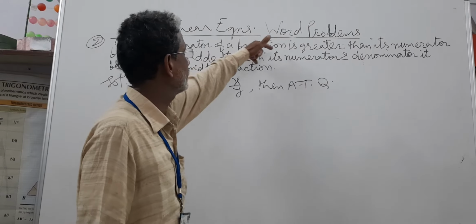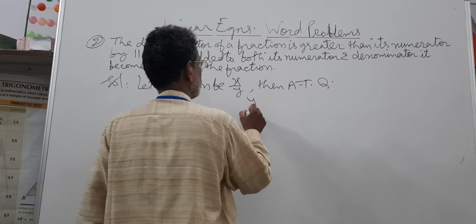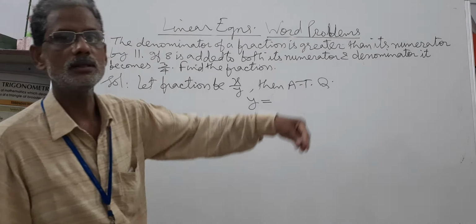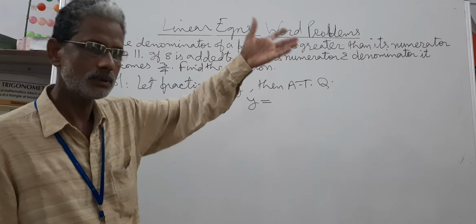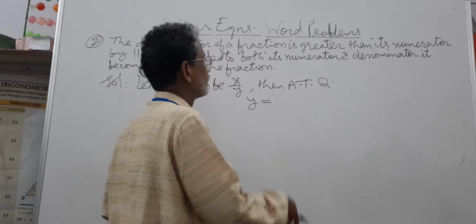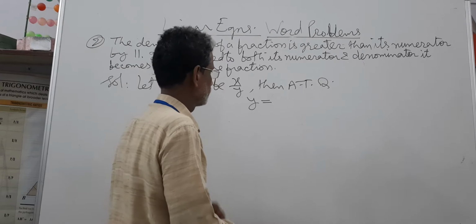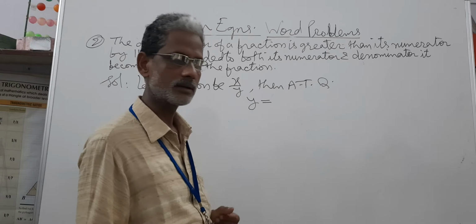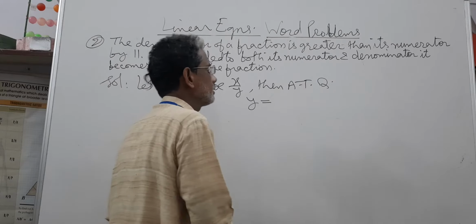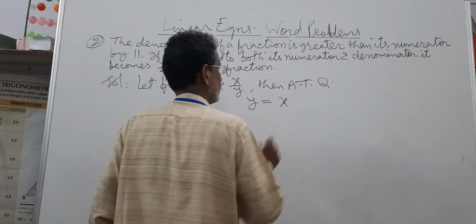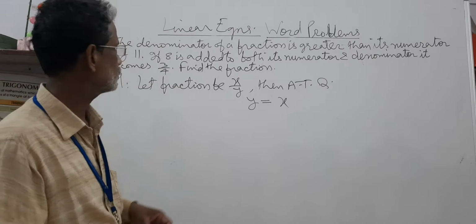denominator of a fraction is greater than its numerator by 11. Here "is" means equal to, which is hidden. The denominator of the fraction is greater, and the other side is smaller. How much greater?